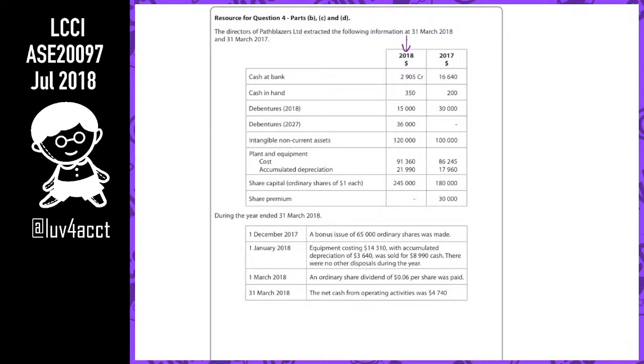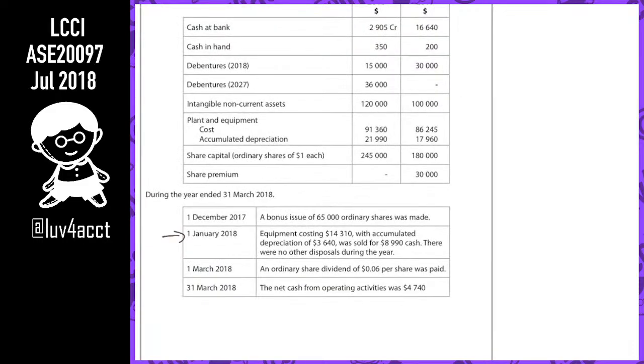Plant and equipment opening cost 686,245, and then closing 91360. We have equipment here. Equipment costing 14310 with accumulated depreciation 3640 was sold for this amount cash. There were no other disposals.